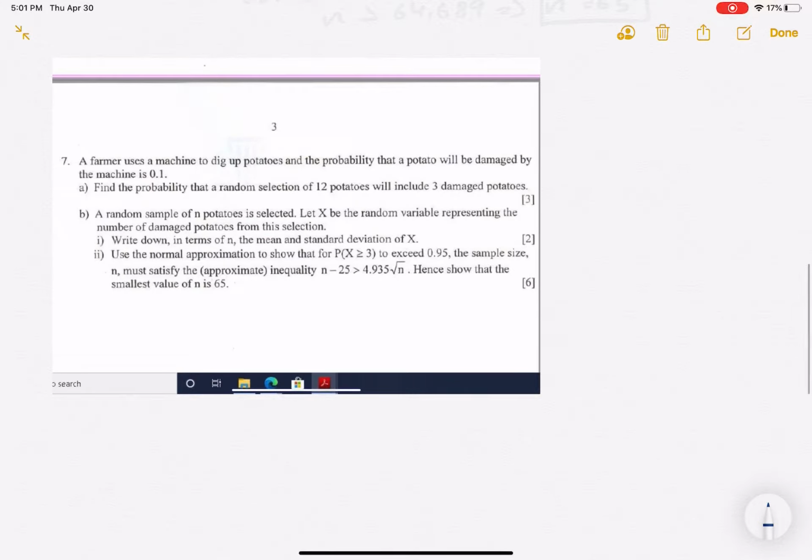They say use the normal approximation to show that for the probability of x being greater than or equal to 3 to exceed 0.95, the sample size n should satisfy this inequality. That means when you take a value for n, it should satisfy the probability of x being greater than or equal to 3 exceeding 0.95, and also it should give us this inequality. So let's see how we could arrive at this inequality.